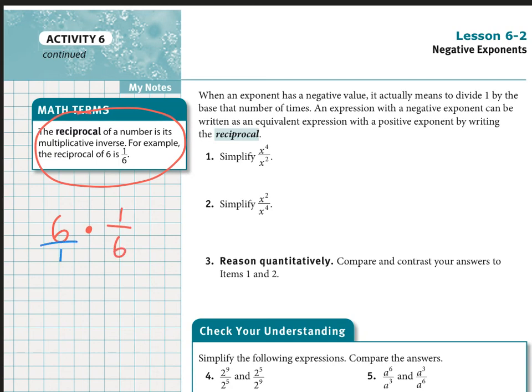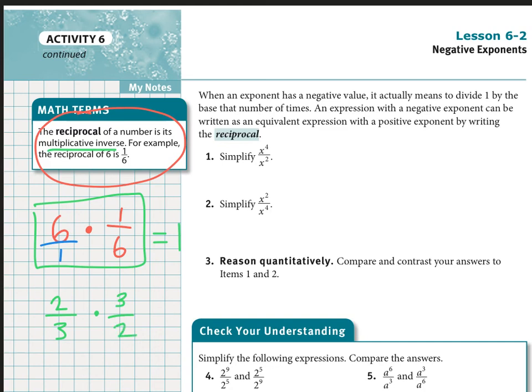If it's a whole number, you can think of it as having a 1 underneath, so the reciprocal is just flipping the fraction: 1/6. It's called a multiplicative inverse because when you multiply these two numbers together, they equal 1. Another example: 2/3 would have to be multiplied by its reciprocal, which is 3/2.